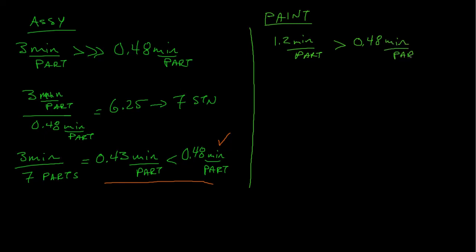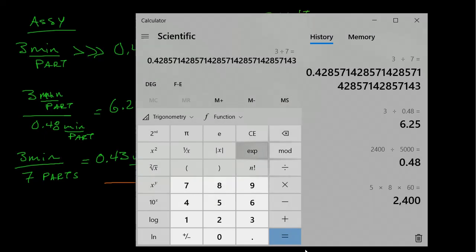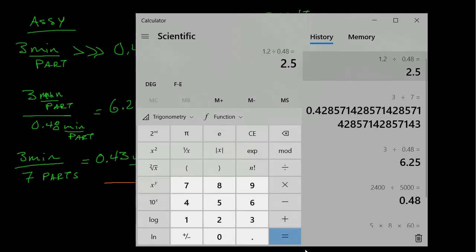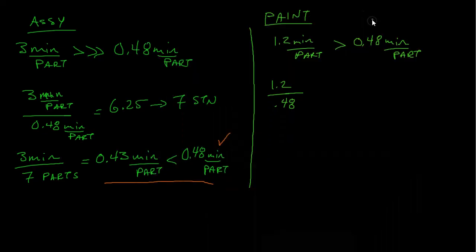So we'll calculate our stations again using the same method. We'll take the 1.2 and divide it by the 0.48. We end up with 2.5 stations.